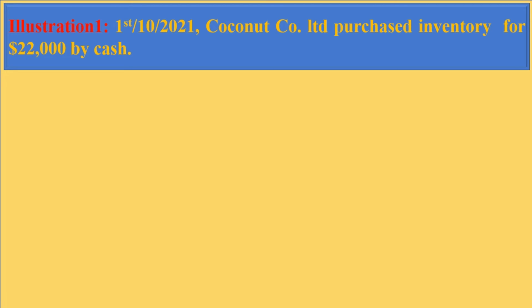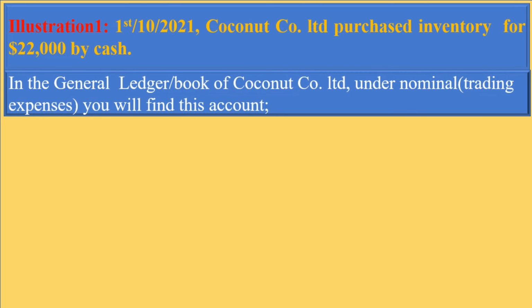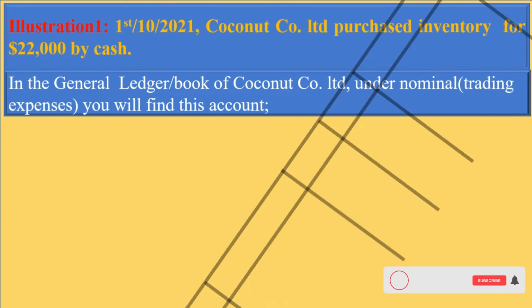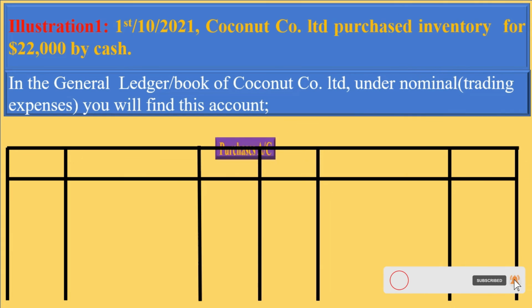When Coconut Company Limited is recording this transaction in its general ledger book, then under nominal, that's a trading expense, you'll find the purchases account.